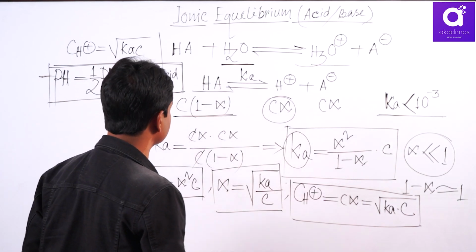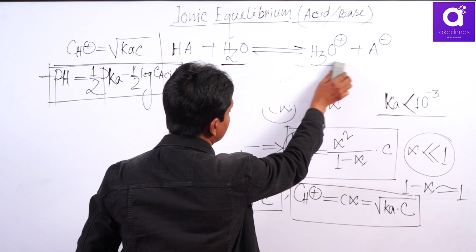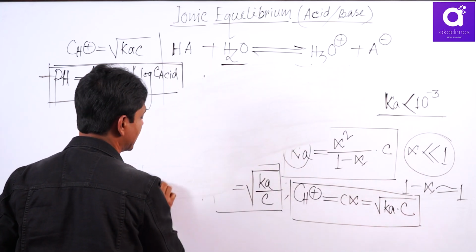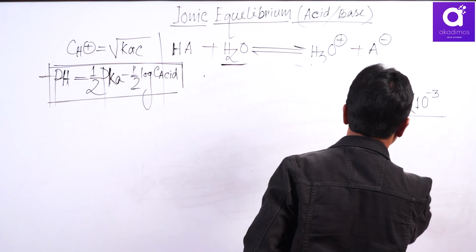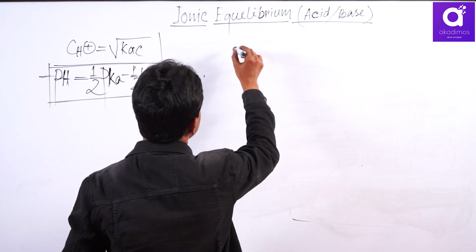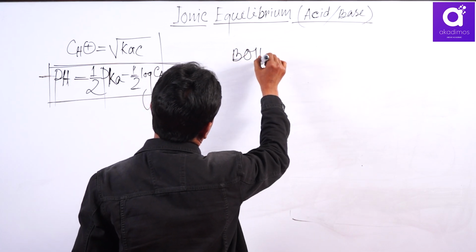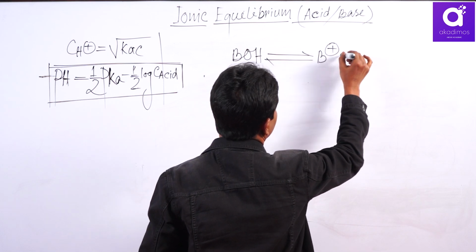Similarly, if you take a weak base like ammonium hydroxide, you will get a similar equation. Suppose there is a weak base BOH that undergoes partial dissociation to B plus and OH minus.